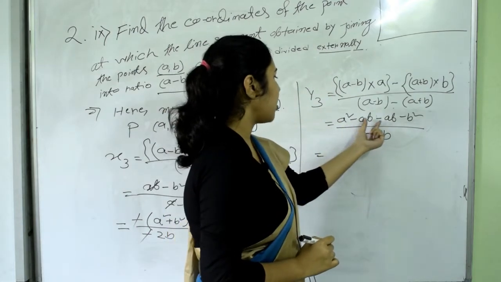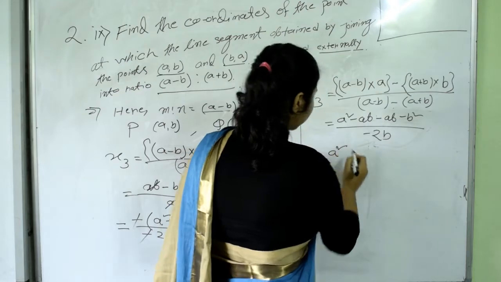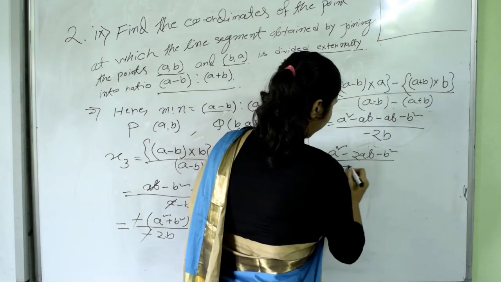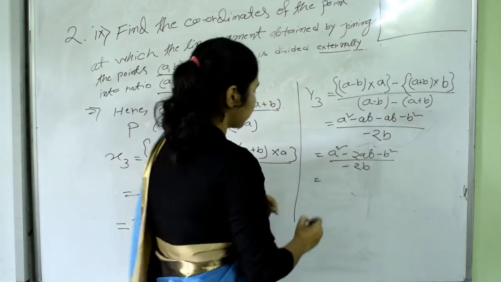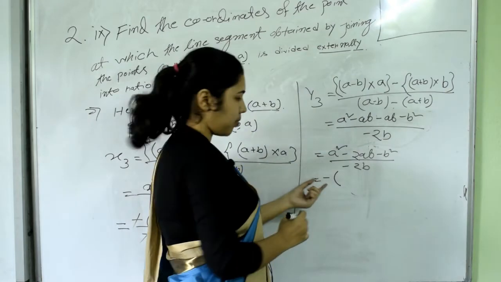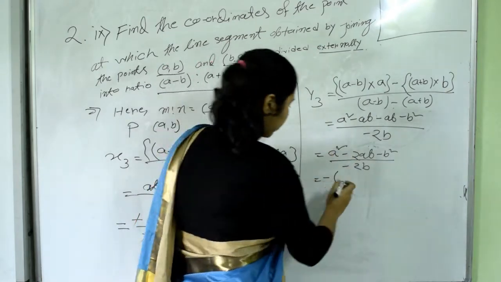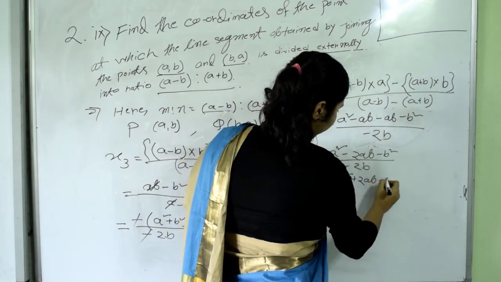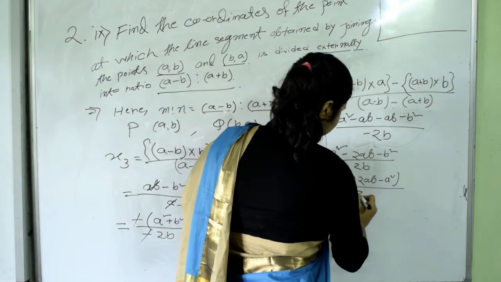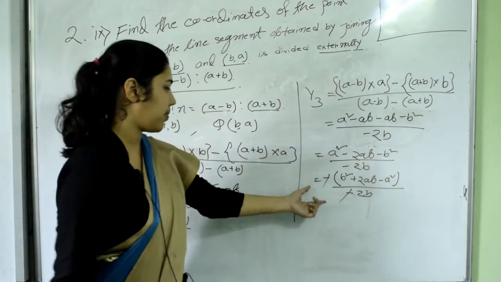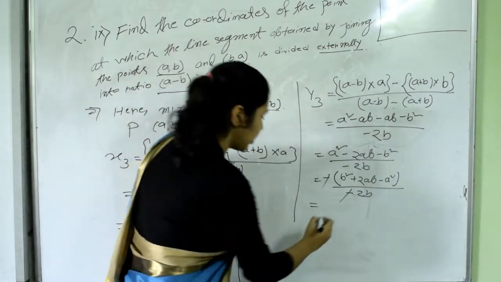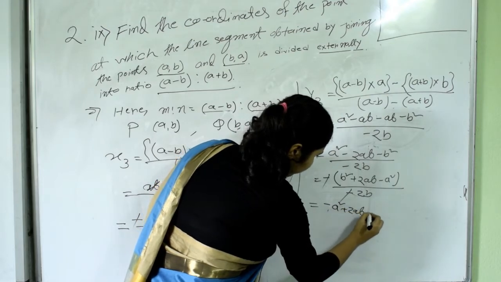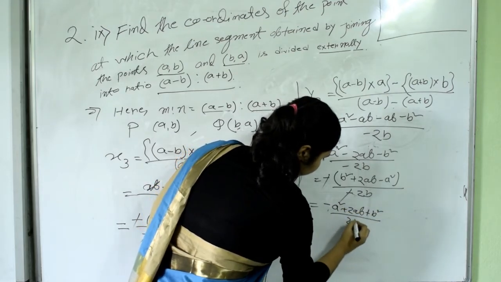Now a square minus ab minus ab, so a square minus 2ab minus b square by minus 2b. Again take minus common from the numerator. We get b square plus 2ab minus a square by minus 2b. Again cancel minus. So the value of y3 is (minus a square plus 2ab plus b square) by 2b.